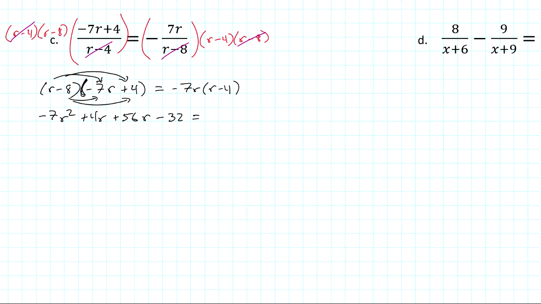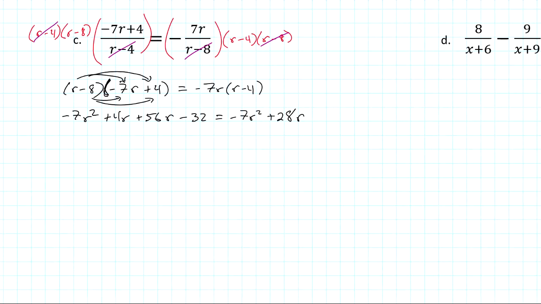On the right side, we'll say that this equals negative 7r squared plus 28r. After distributing that minus 7r, the minus 7r times r is minus 7r squared. Minus 7r times negative 4 is a positive 28r. Oh, and I missed the r. I knew that my brain was missing something there.